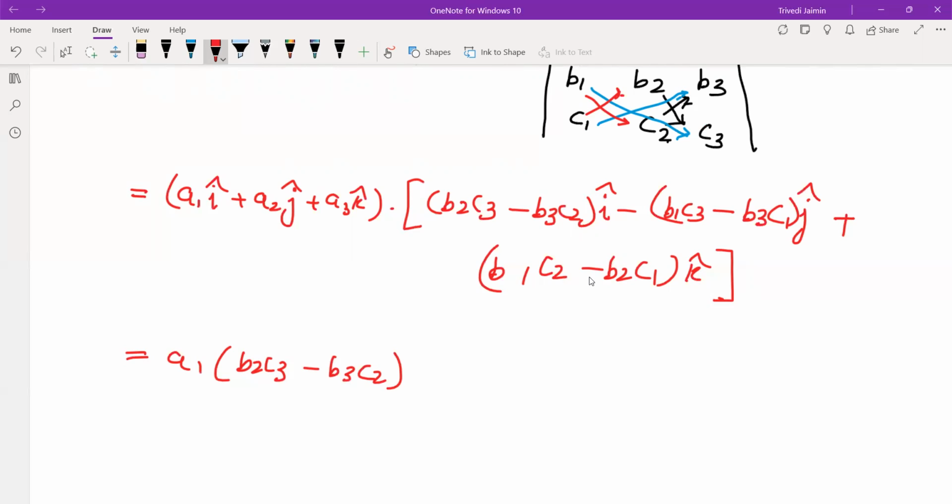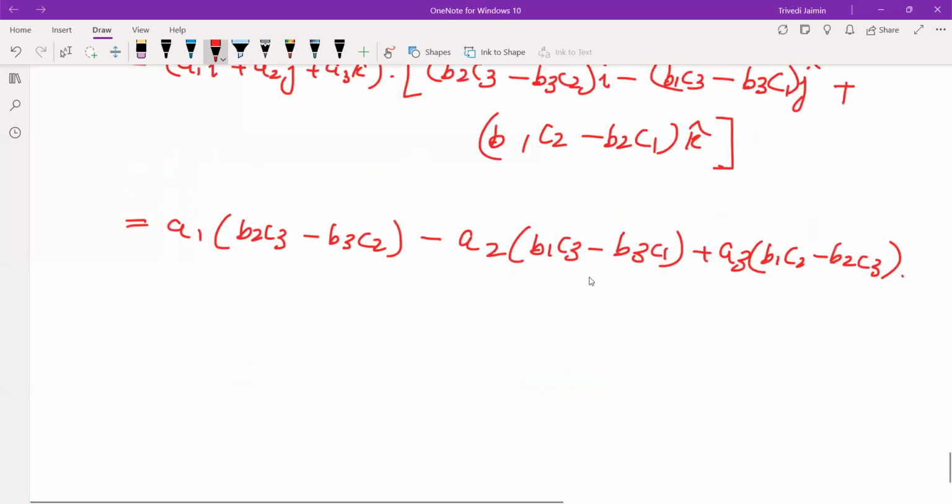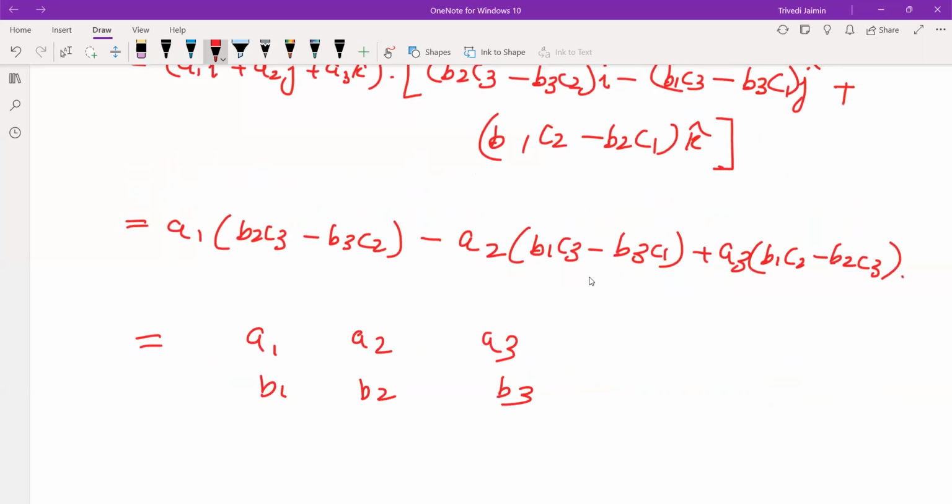Is it right? Yes, sir. Minus we have A2 as B1 C3 minus B3 C1 plus A3 with B1 C2 minus B2 C1. Now we can arrange this as A1, A2, A3, B1, B2, B3, C1, C2, C3. Then we can find the determinant for this one, and we'll get the answer.